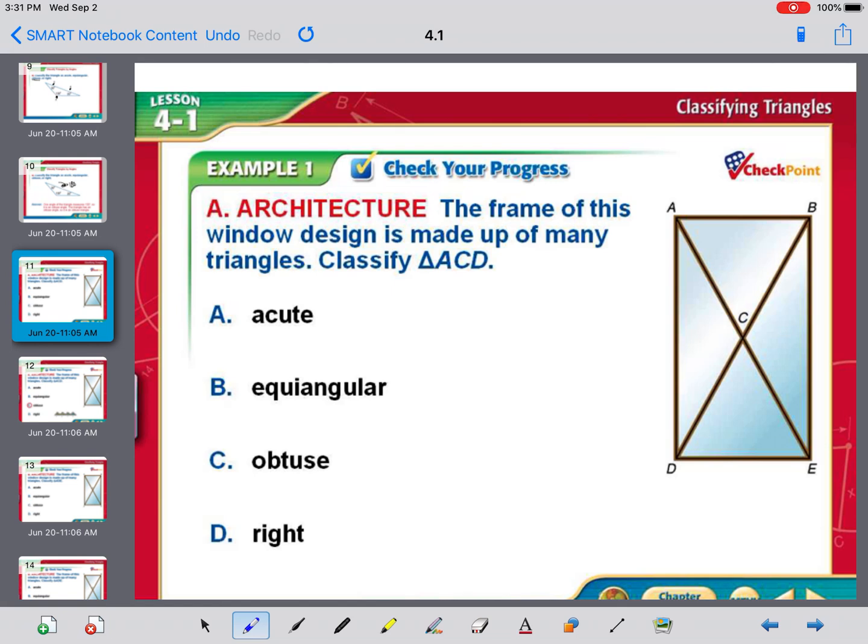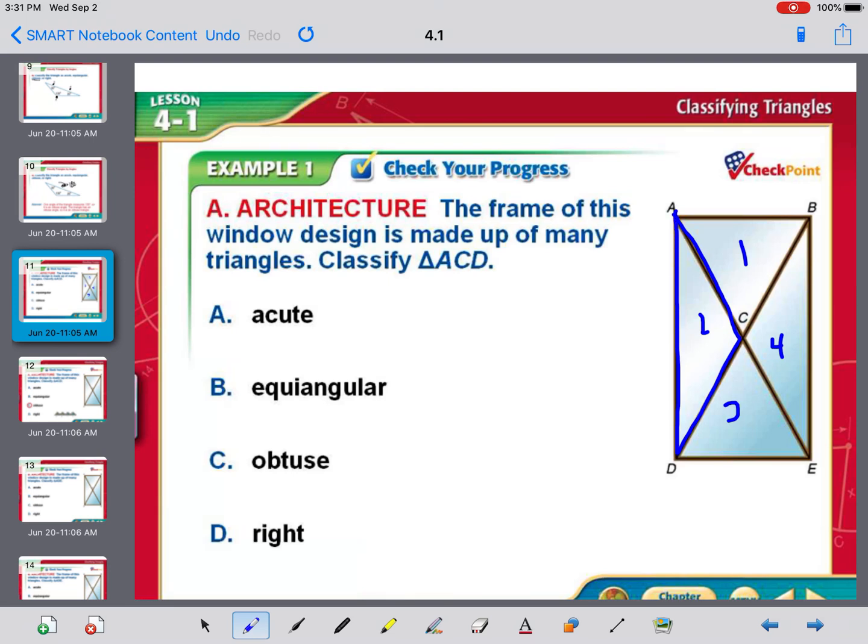So it says the frame of this window design is made up of many triangles. Classify ACD. Now, when they say many triangles, most everybody sees 4 right away. 1, 2, 3, 4.